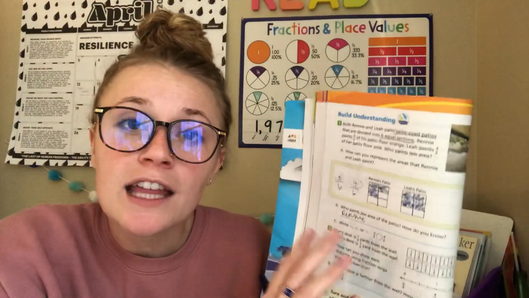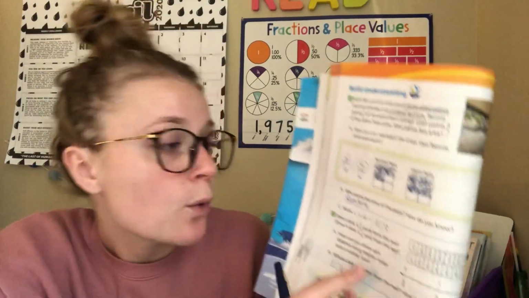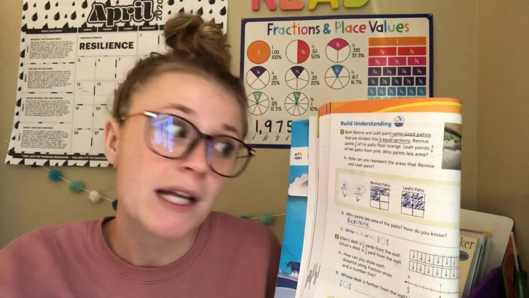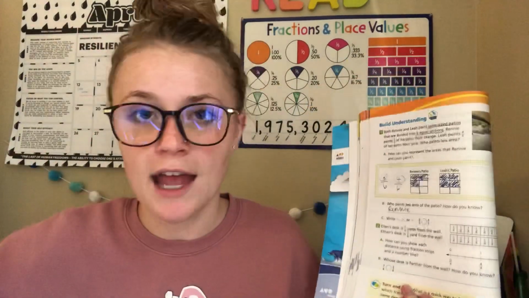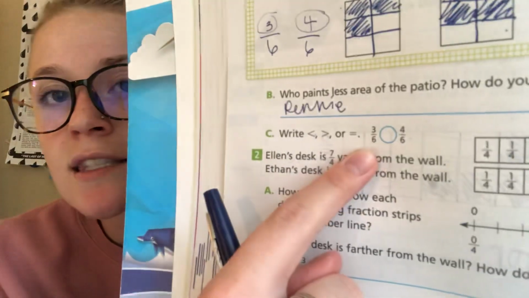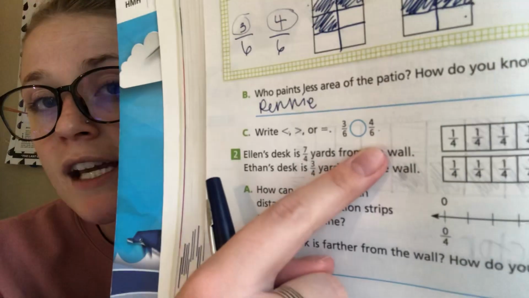Anytime you see something like this, start with the first number, just like we're reading a book. We start with 3/6. We do not just jump to whatever is greater, because that's not always the case. We can't just flip it and say, oh, it's greater than. Use a greater than symbol, because that's not what we're doing. We're saying 3/6 is either greater than, less than, or equal to 4/6.